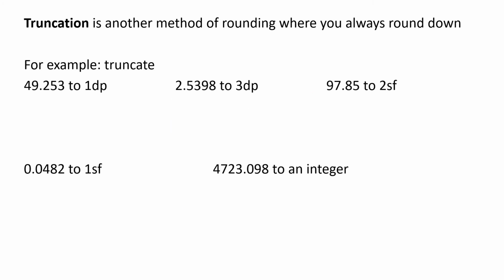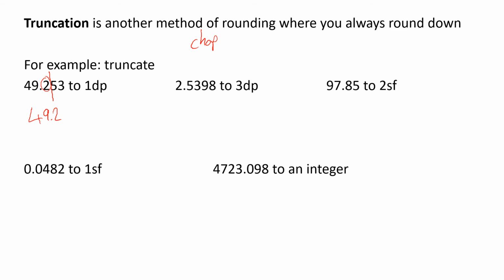And the other fancy form of rounding that can be used in GCSE is called truncation. Truncation is a word meaning to cut short. It just means that you're going to chop the number at the point where it says. So we've got one decimal place. Our first decimal place is the 2. We're just going to chop the number there. So truncated, it's just 49.2.